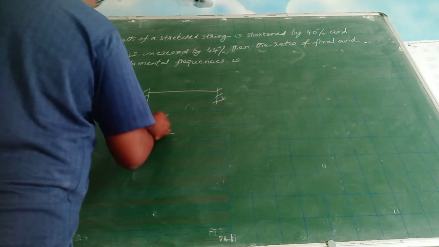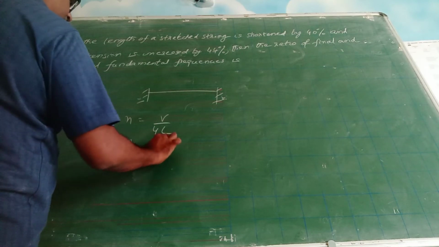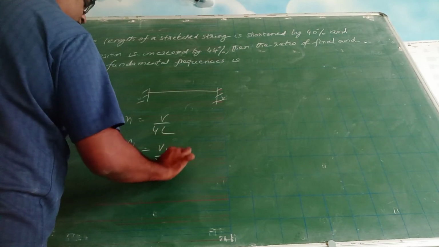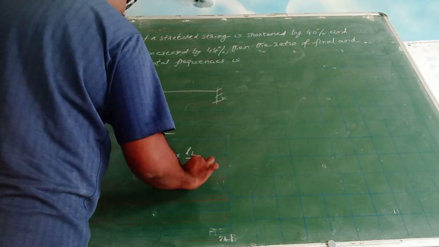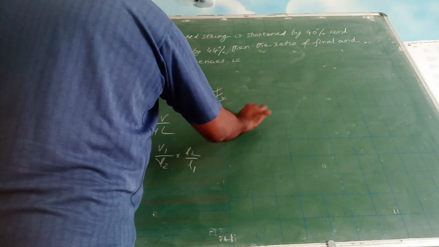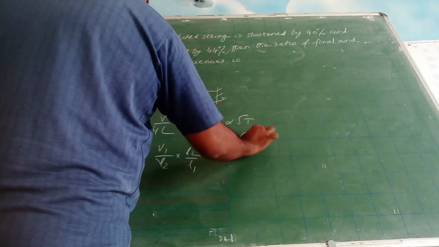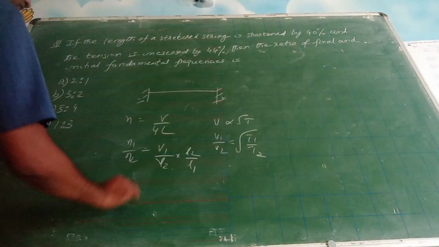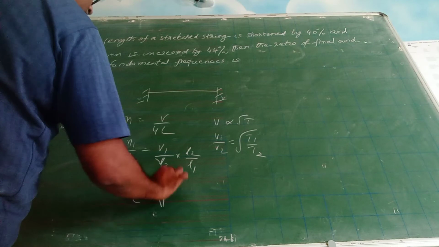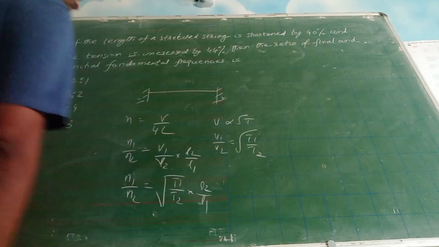So you can say here that N1 by N2 will be V1 by V2 into L2 by L1. Right? But V is proportional to root over T. So V1 by V2 will be equal to root over T1 by T2. Therefore N1 by N2 will be equal to root over T1 by T2 into L2 by L1.